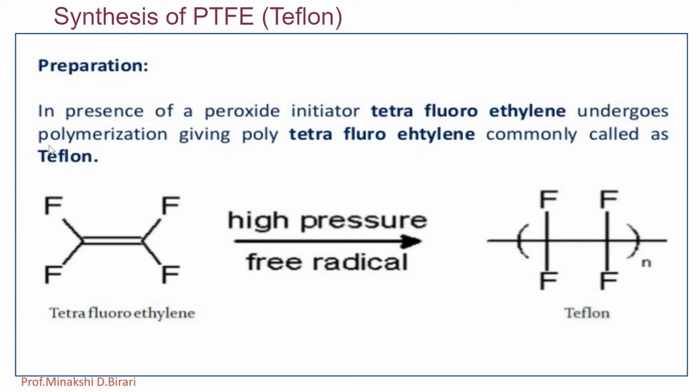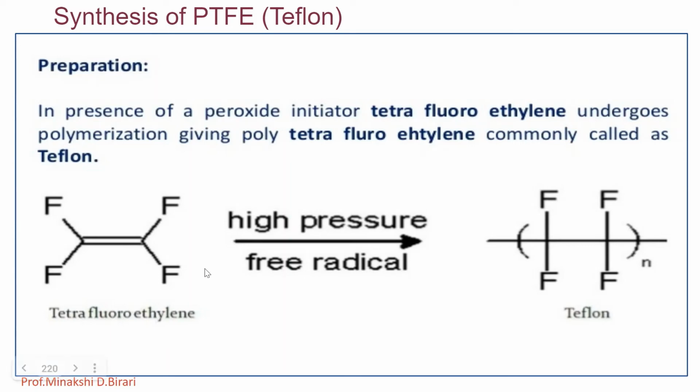In presence of peroxide initiator, tetrafluoroethylene undergoes polymerization giving polytetrafluoroethylene, which is commonly called Teflon. But care should be taken during polymerization because the reaction is exothermic and it can result in violent explosion.